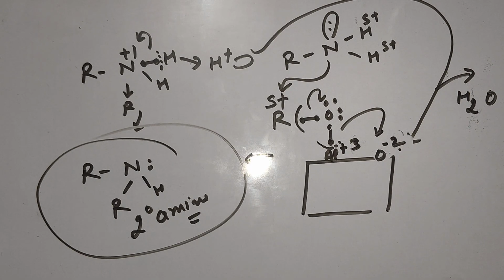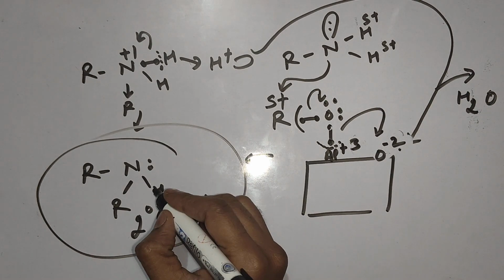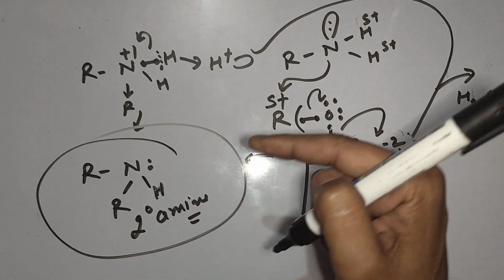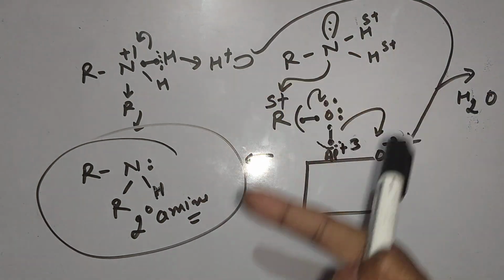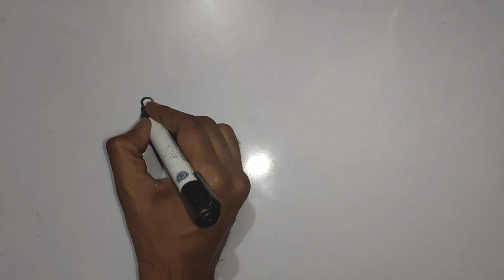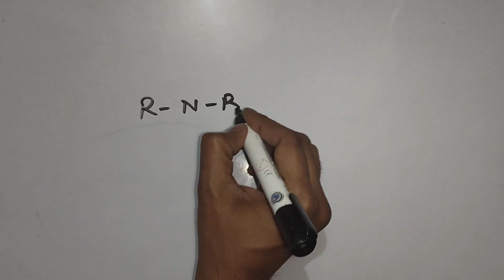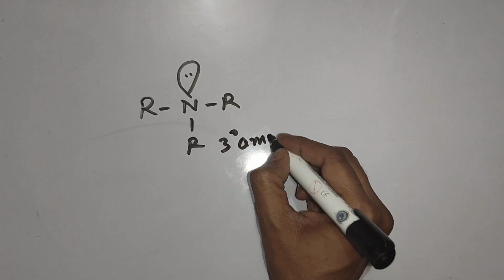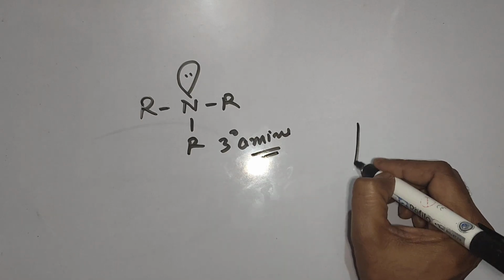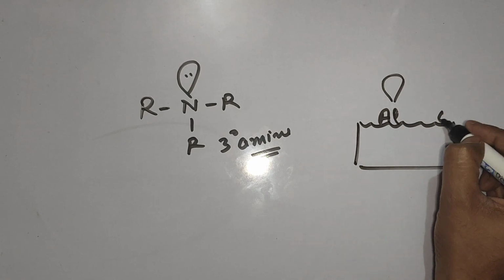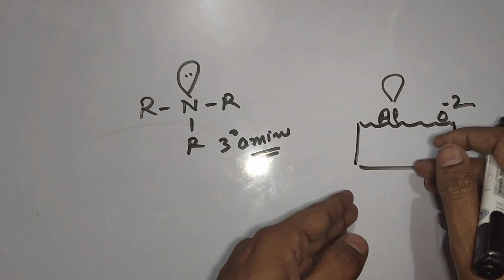Wait, the reaction is not finished yet. What will happen? The 2 degree amine also has this active hydrogen, H positive. So the reaction will be repeated a third time with a third molecule of alcohol, and you have to follow the same mechanism. Finally you will get, try by yourself, this 3 degree amine, and your catalyst will be regenerated like this in its original form.